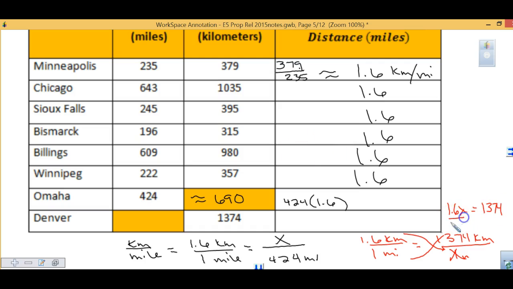In order to solve, we're going to divide both sides by 1.6. Again, if you need to pause the video, we're going to take 1374 and divide it by 1.6, because our rate is still 1.6 for these. And when you do that division, it should come out to be around 800. Might be a little more, might be a little less, but it's going to be pretty close to that. Okay.